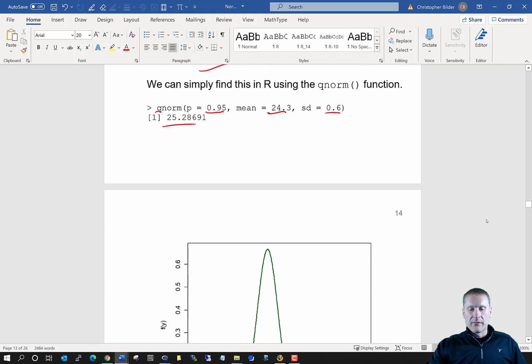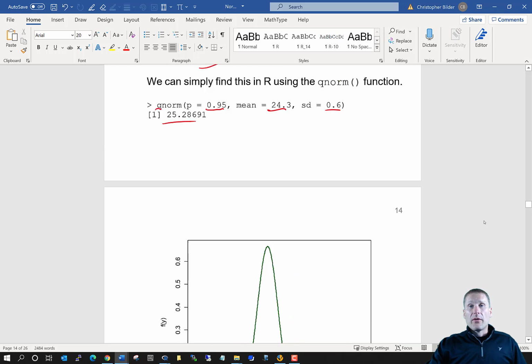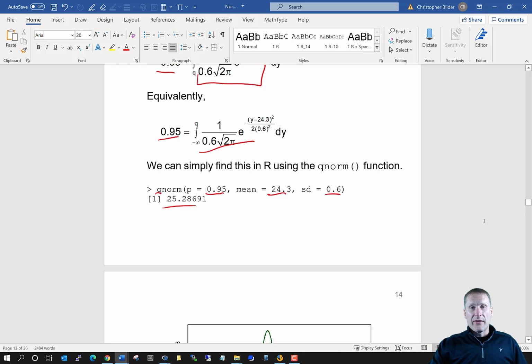25.28. And again, does that make sense? Here's the plot, 25.28. Do we have the area to the left of 0.95, the area to the right of 0.05? Yeah, it sure does look like it makes sense. You will find that there are many other functions in R, for other probability distributions that have a name associated with them, that also have these Q-like functions.